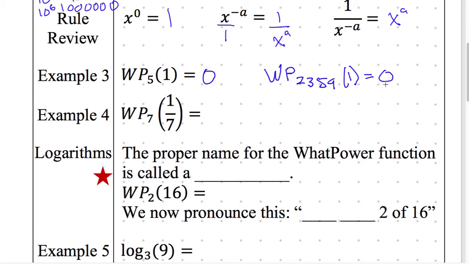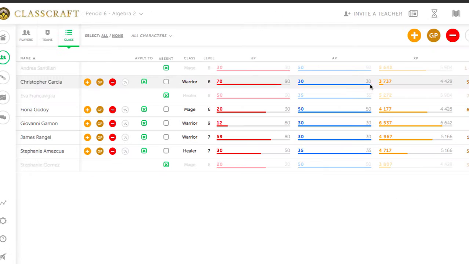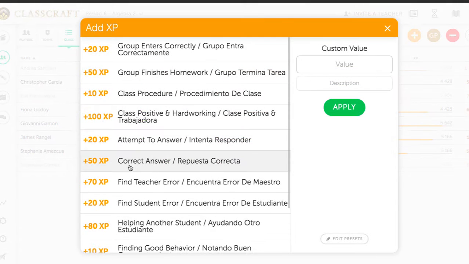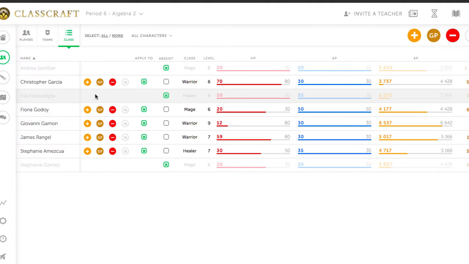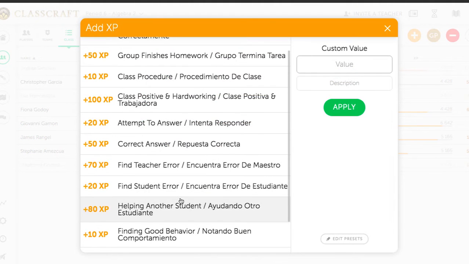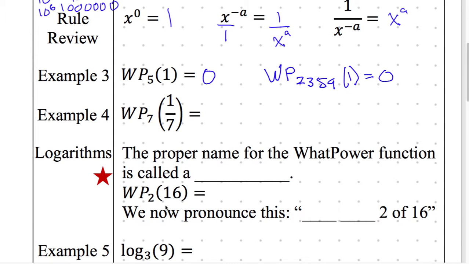All right, I'm going to start getting a little bit trickier here now with our what power function. Example 4, who can read it and also answer it? And let me come back here and give James some XP and give Teflon some XP as well. Who can read example 4 and solve example 4?